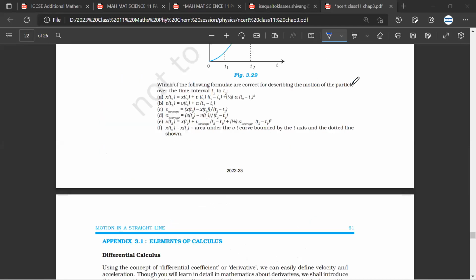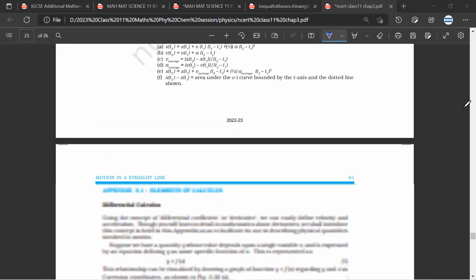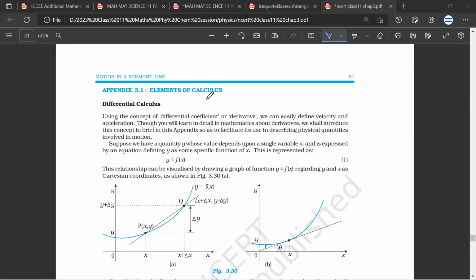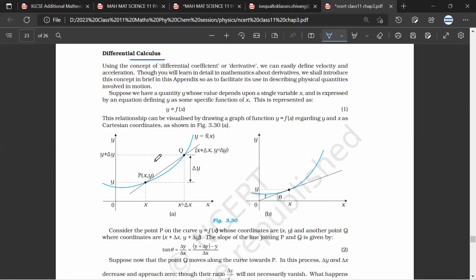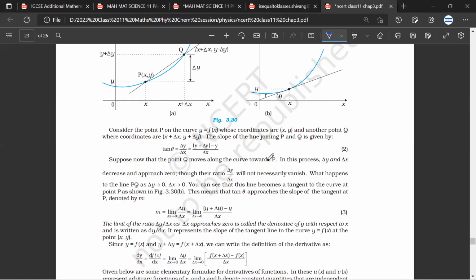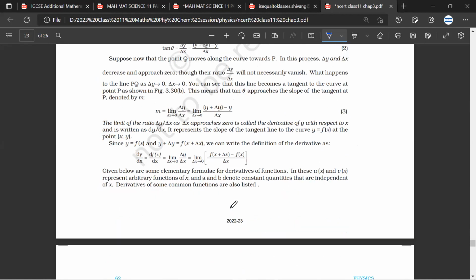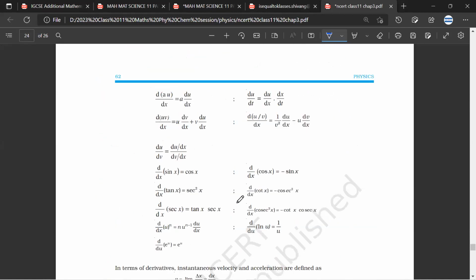So, if we look at our textbook, the basic NCERT, our primary reference, chapter number 3, elements of calculus, differential calculus, do you see these graphs? Yeah. So, if you remember, these are the kind of things that we have been discussing. This x plus delta x is what we discussed in lecture number 2.